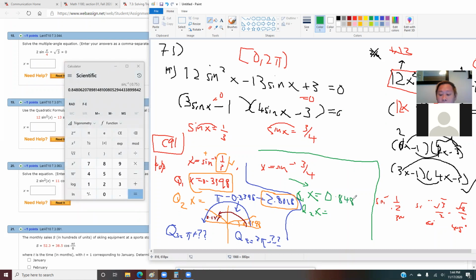And how do you figure out the quadrant 2 answer? You put pi minus it, and it should be 2.2935.